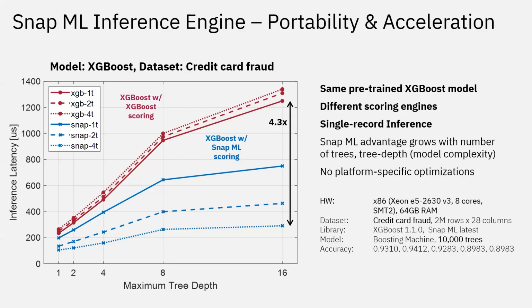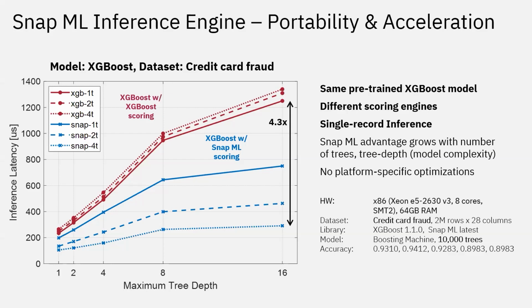So we want accelerated scoring for models trained with SnapBoost, but also we want to be able to import models trained with other frameworks so we can offer the same acceleration for XGBoost models and for LightGBM models.